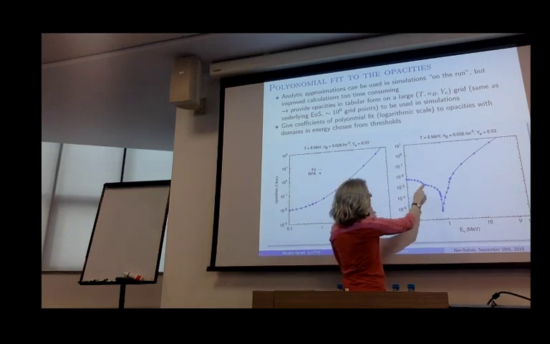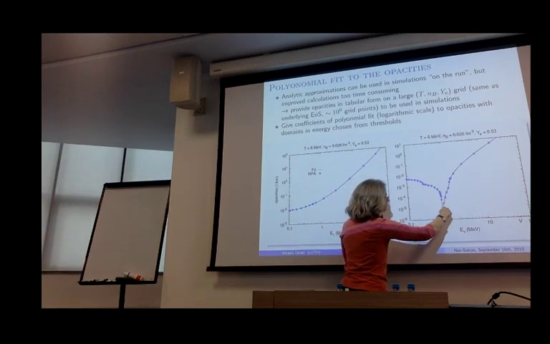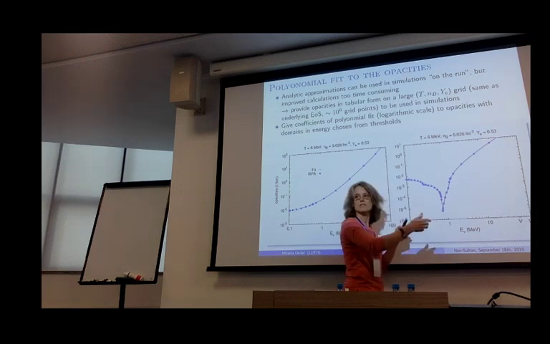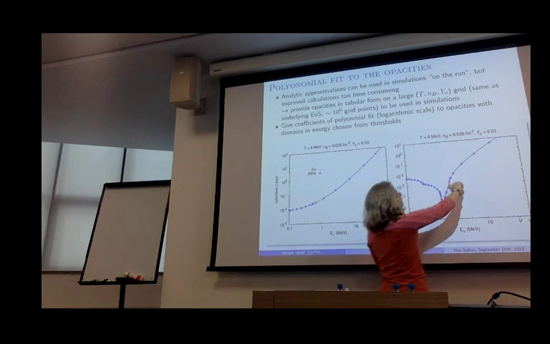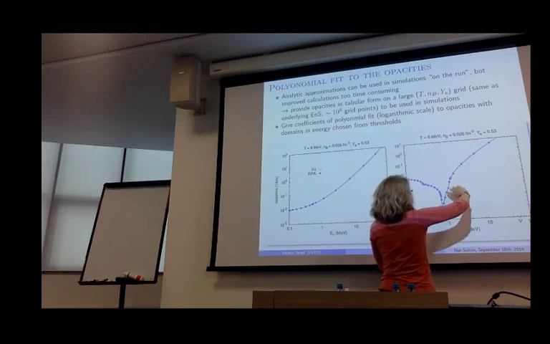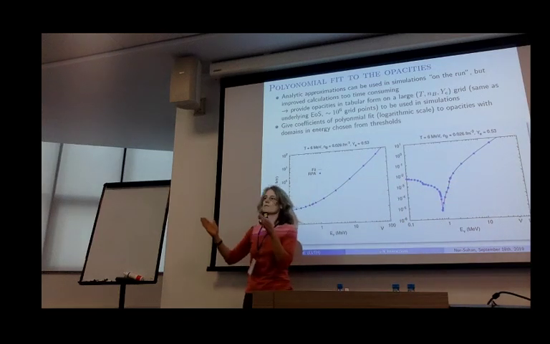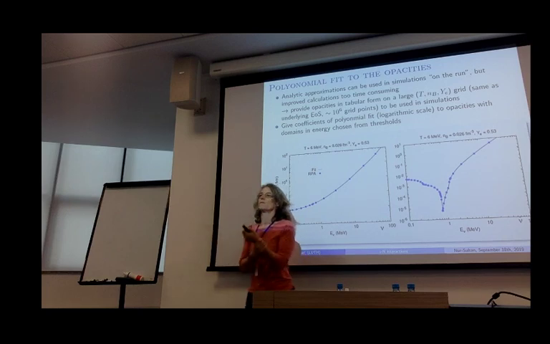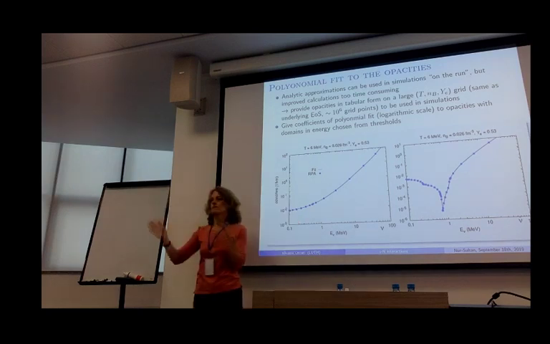So here you have one threshold, and here you have the physical reaction threshold, and then you have something which resembles a little bit like that. So then you need more than one domain. It depends really on the thermodynamic conditions.